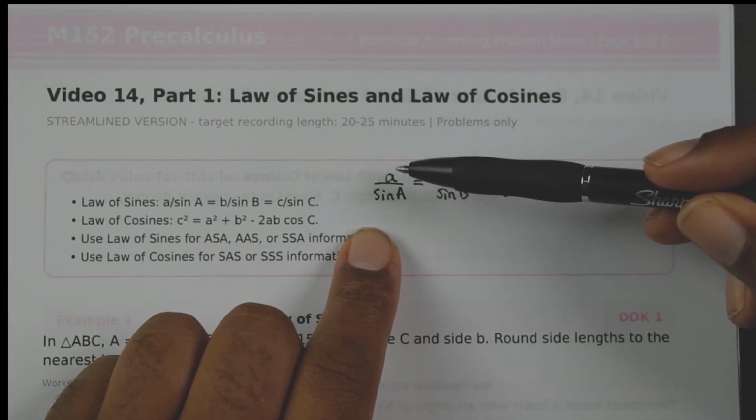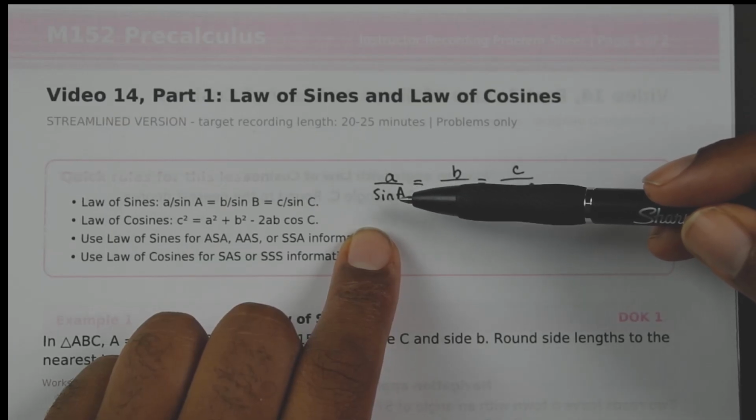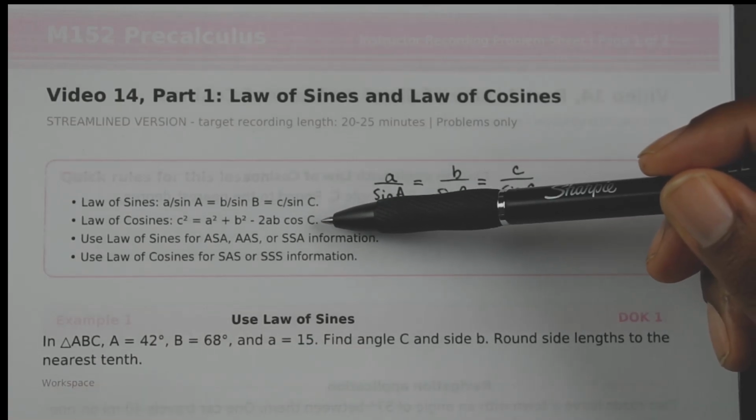So if we have A on one side, the angle across from A will be sine A, and so on and so forth. The law of cosines, this is the formula.